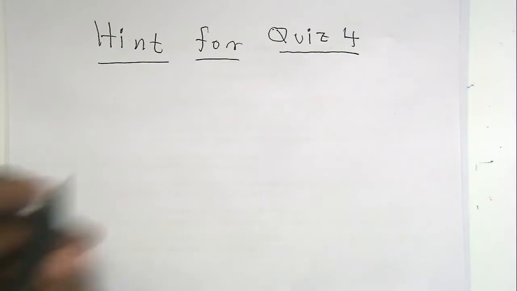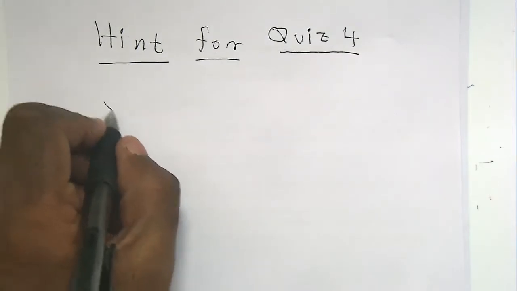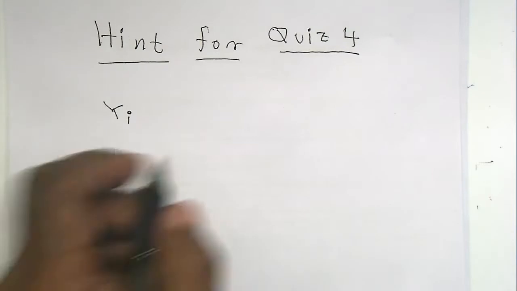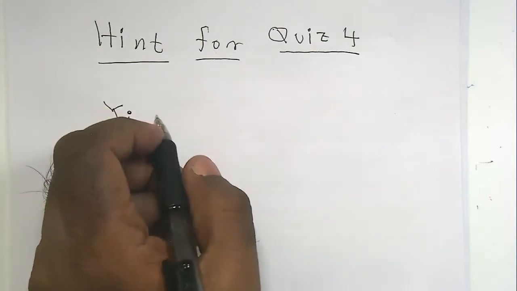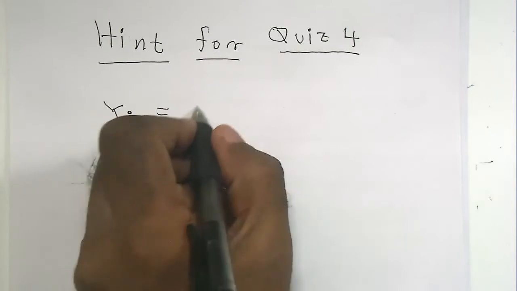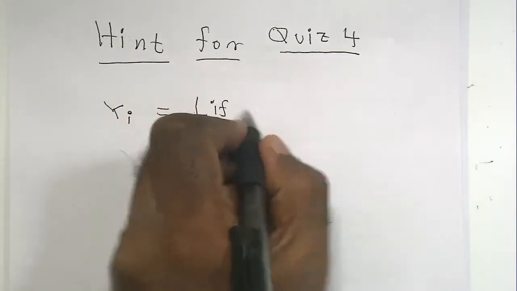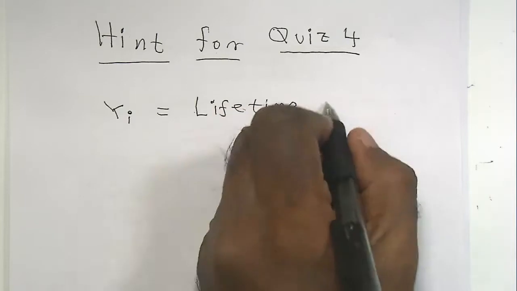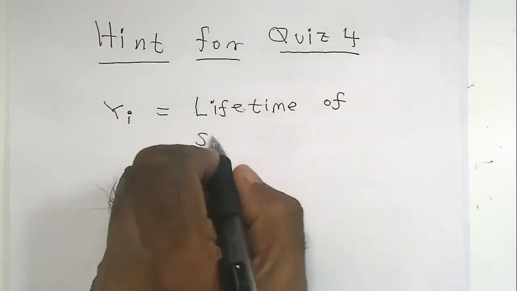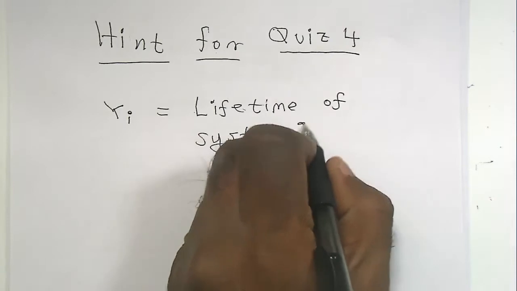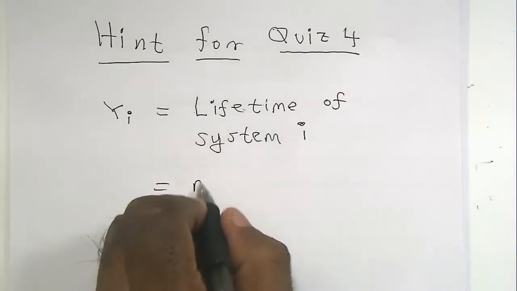So that means if Yi denotes the lifetime of system i, then this would be equal to the maximum.